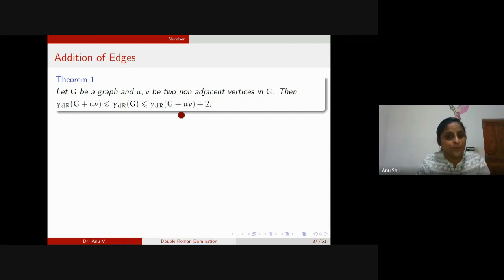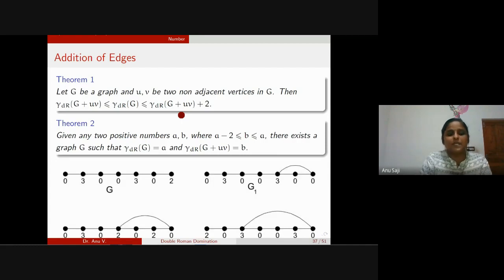In some cases, it will be reduced by 1, and in some other cases, it will be reduced by 2. In the same graph itself, we can see all these examples. This graph G is a graph with a γ_dR edge. If we add these two vertices, then γ_dR is decreased by 2. If we add this edge, it is reduced by 1. If we add this edge, it won't change.